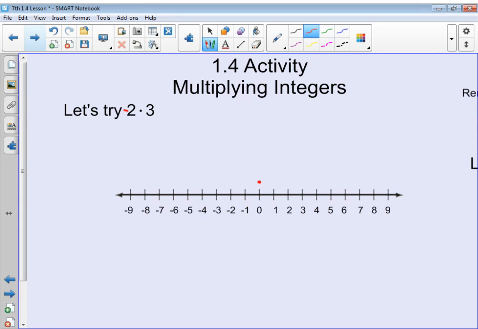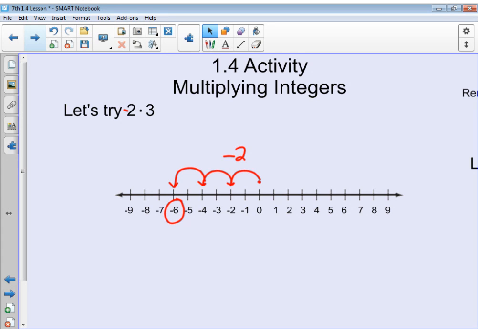And we're going to go backwards 2 places 3 times. There's 1, there's 2, there's 3, and we end up at negative 6. This is just a visual representation of something that we'll be working with. Now, it's not really ideal to use a number line, considering we're going to be working with numbers that are much bigger than 2 times 3.